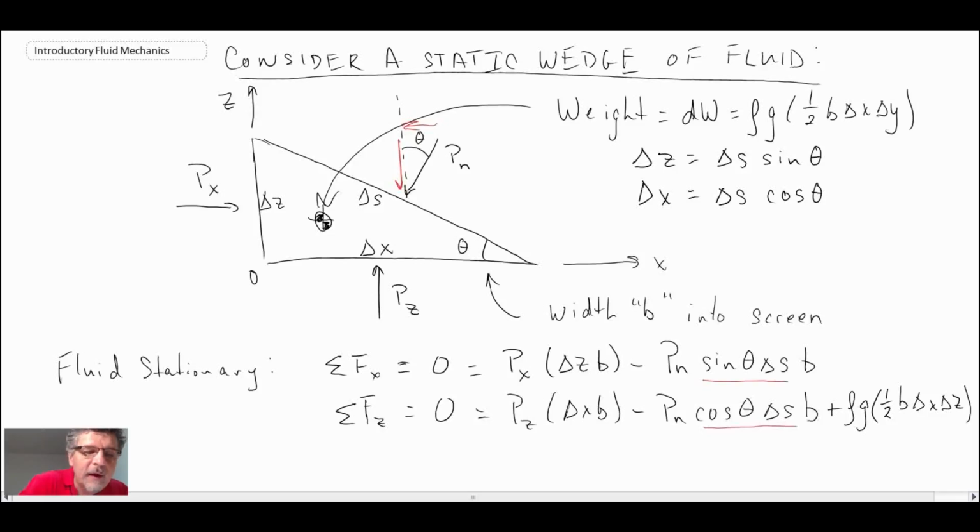That's just using the angle that we have within the fluid wedge here, and delta Z and delta X. With that, we can plug it into our equations down here and remove the delta S sine theta and the delta S cos theta. So let's do that in the next slide and see what we get.